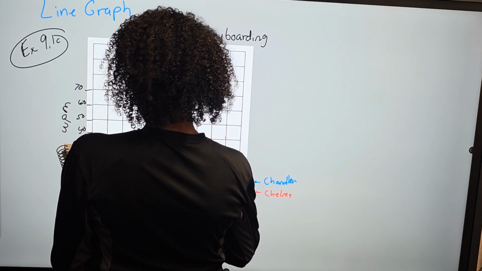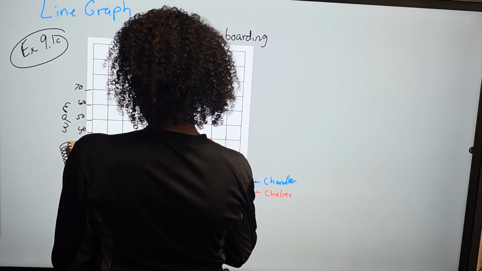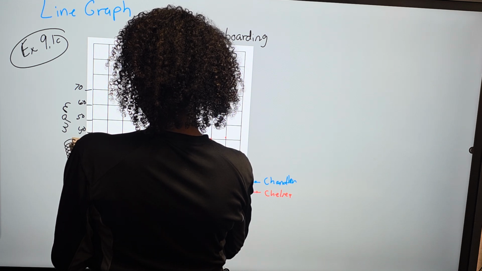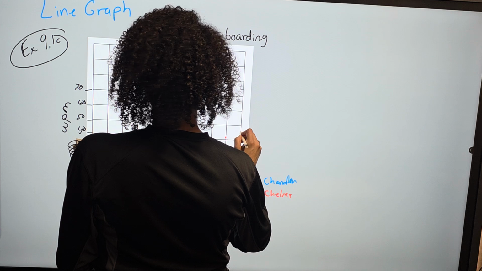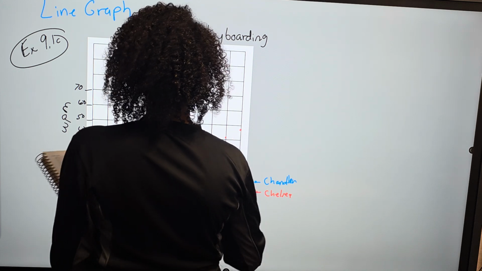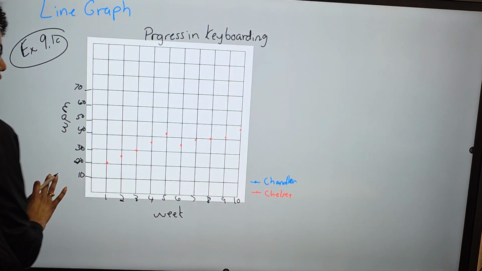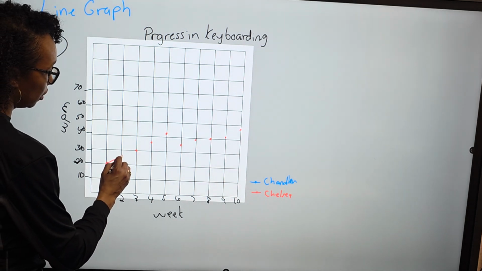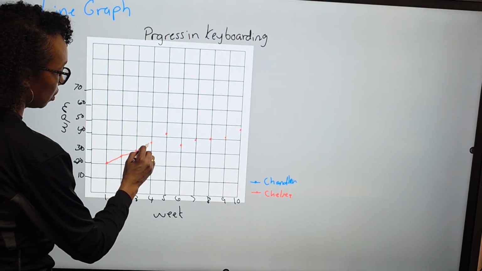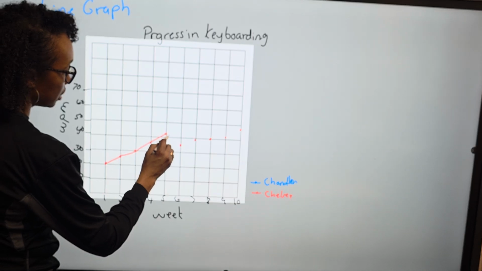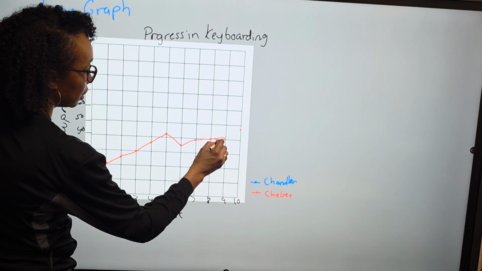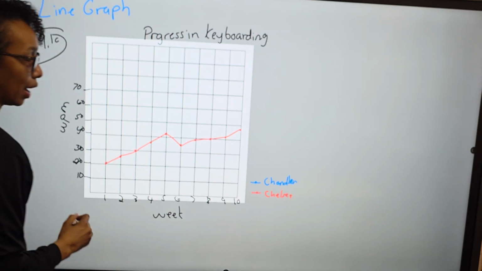And then 10, just above 45. All right, so I've got Chelsea's on here, and this is a line graph where it's not smooth, it's not a curved line. They really kind of connect the dots on this kind of a graph.